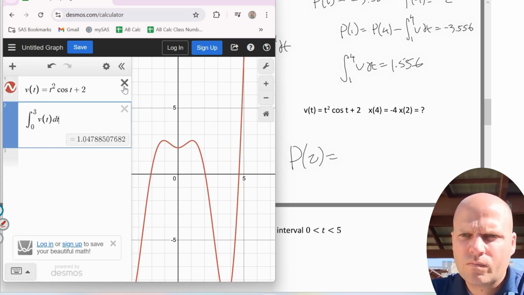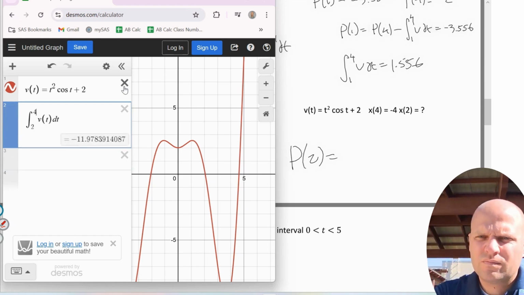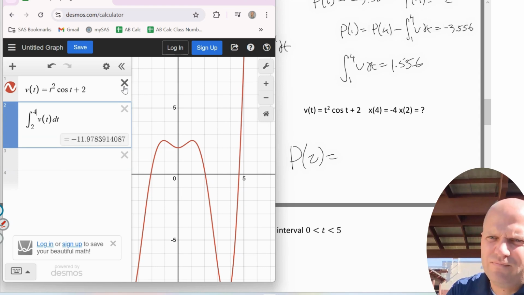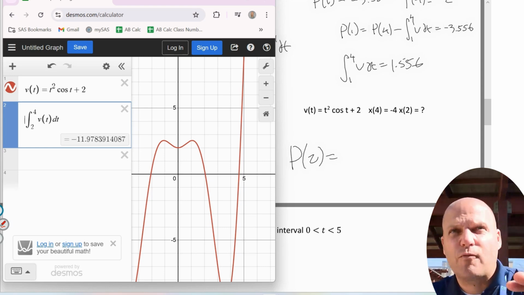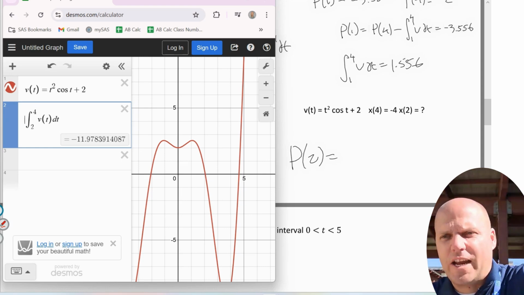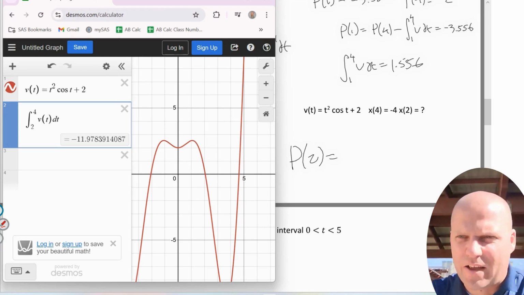Two to four. Since I ended up at -4, I must come from a higher value so that I subtract 11.97.